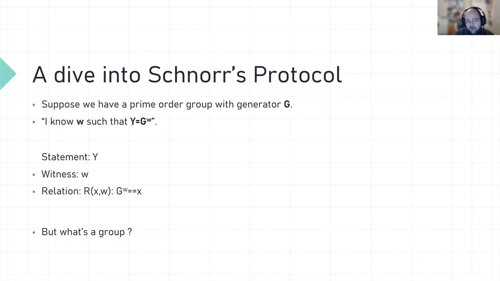So how do we know this discrete log of Y that we're claiming? Well, the simplest explanation is that we created Y ourselves. So in a very simple example, Y can be our public key and the witness W can be our secret key. And as you might know, we can actually create a signature scheme out of this.